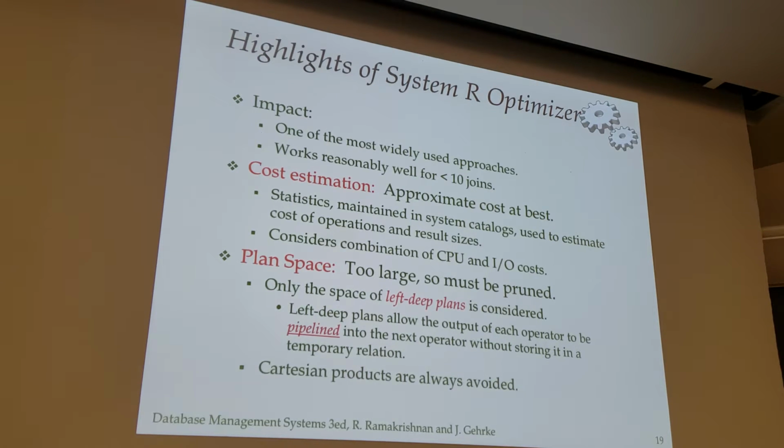System R and most other systems try really, really hard to avoid Cartesian products. What's a Cartesian product? I've got the result of A, B, C, and now I have to decide, do I next join in D, E, or F? If I've got a predicate between A, B, C, and E, I prefer to do that rather than combining with, say, F or D, where there's no predicate involved, because if there's a predicate involved, I'm limiting what shows up in the result.